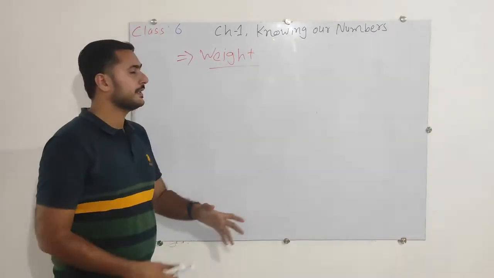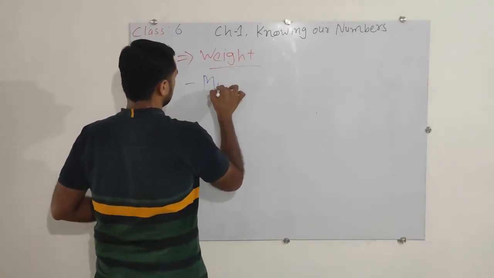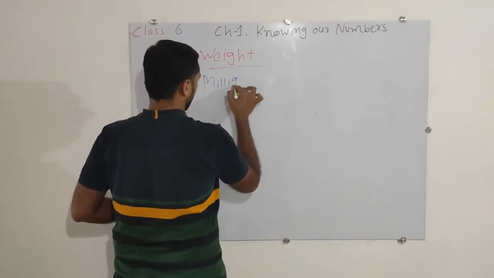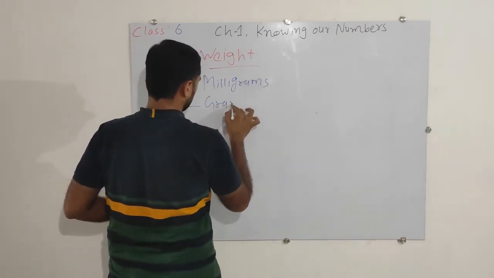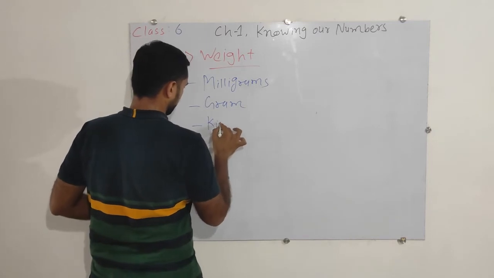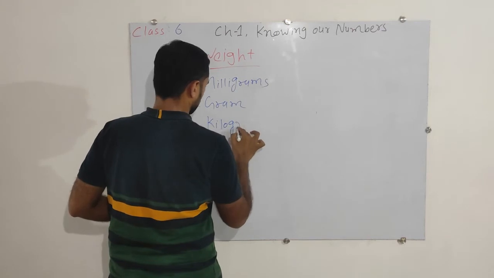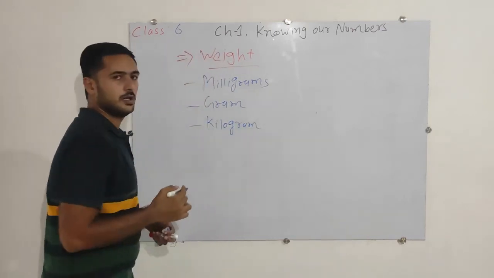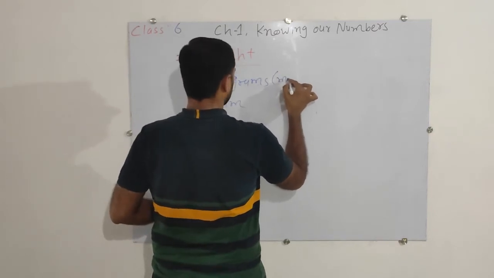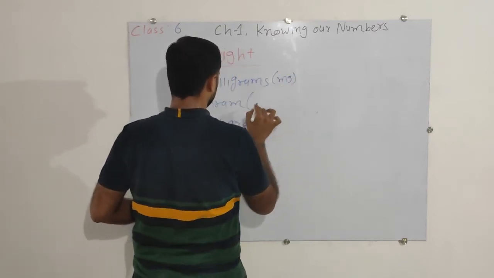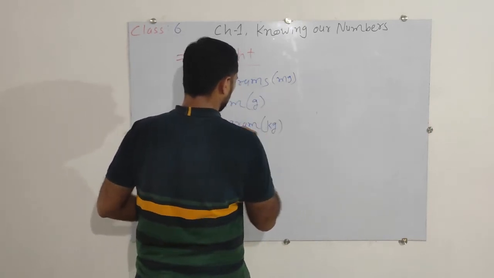Now let's see the weight. In weight we will see milligram, gram, and kilogram. The short forms for these are mg, g, and kg.